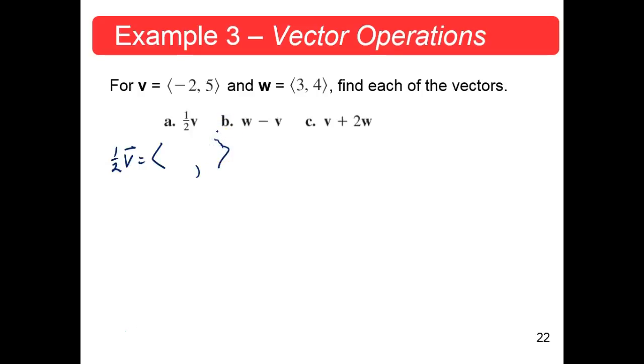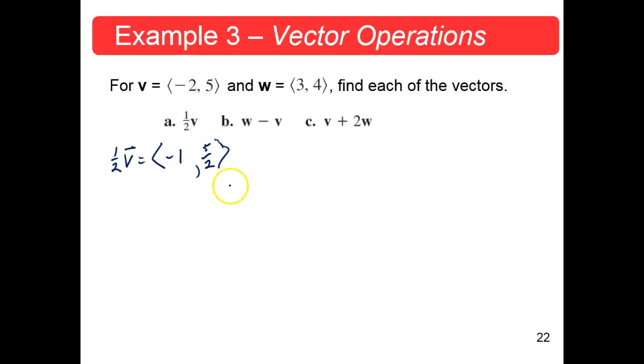What would be the first component of this new vector, 1/2 V? Okay, no, you're not adding, you're multiplying. 1/2 of negative 2 is negative 1. 1/2 of 5 is 5/2. Okay, 2.5, whatever you want to call it.